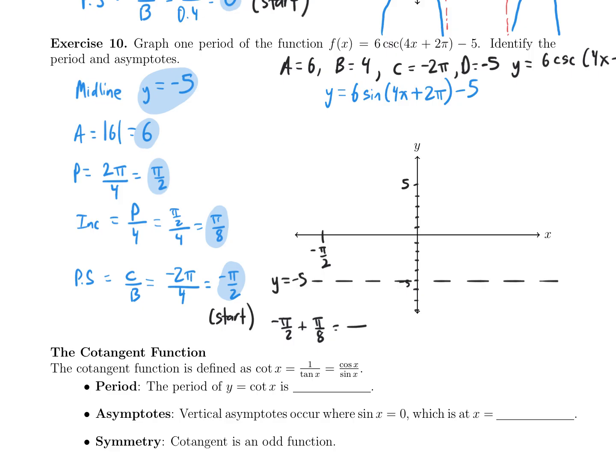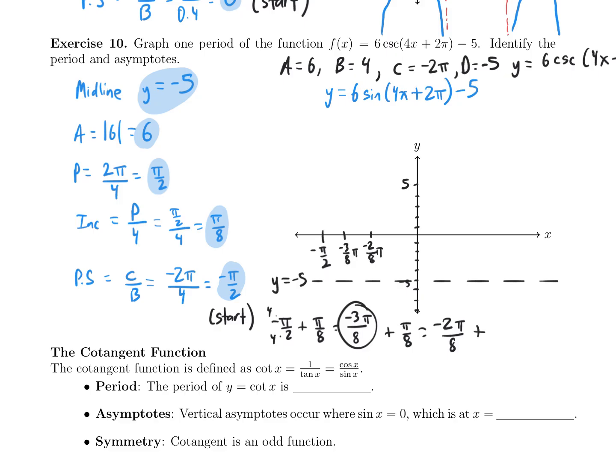Using a common denominator of 8, -4 plus 1 is -3 pi/8. So that's going to be the next one. Then if we add pi/8 again, you're going to get -2 pi/8. That's going to be the next one.